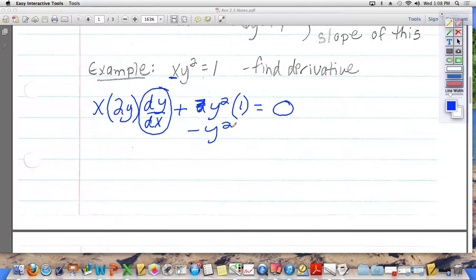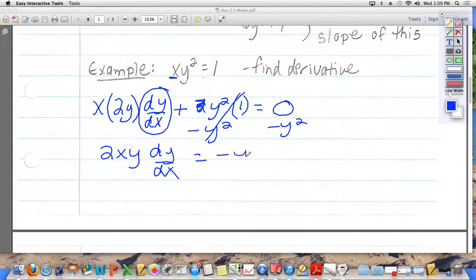If I subtract y squared from the left, I have to subtract y squared from the right. So you are left with x times 2y is 2xy dy/dx, which is equal to negative y squared.